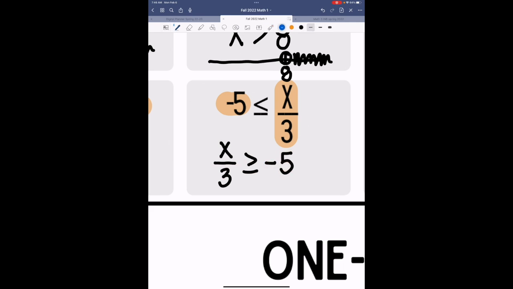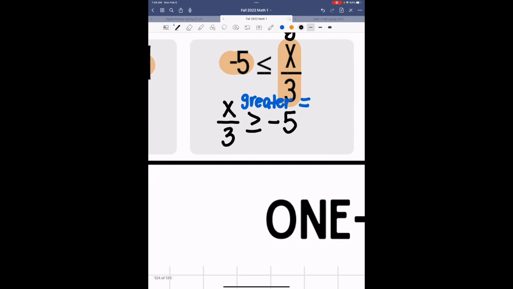So in this scenario, we have divided by 3, so we're going to undo that division by multiplying by 3. So x is greater than or equal to negative 15. So any number greater than or equal to negative 15 would make this statement true.